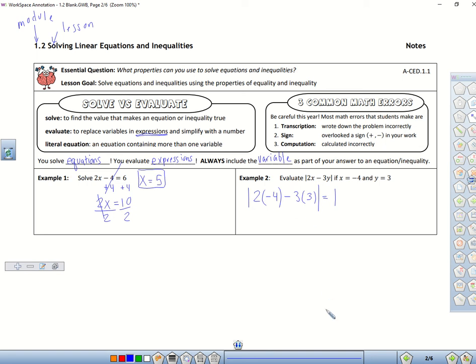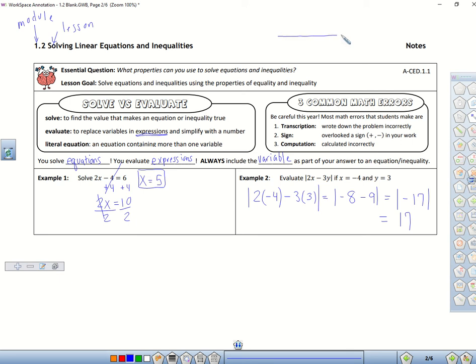Now I'm going to do the multiplication first because multiplication comes before subtraction, so that's going to give me negative 8 minus 9. Now I'm evaluating inside the grouping, so that's the absolute value of negative 17. So that means that negative 17's distance from 0 is 17.